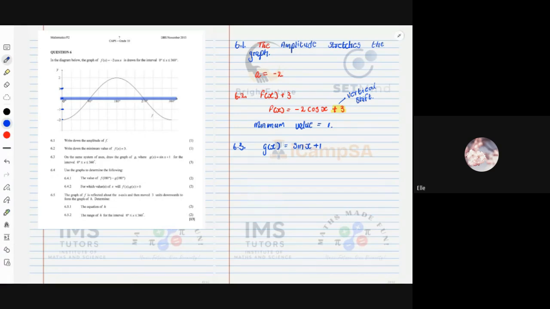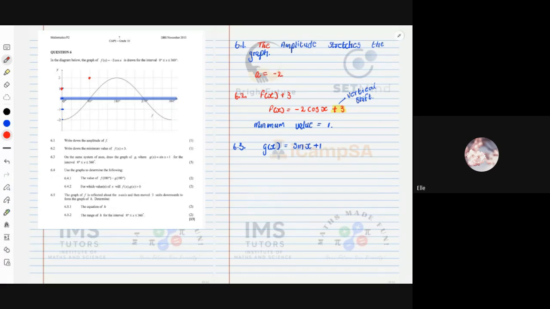Okay, here let me use a red one. That's our first point at 0. Oh wait, I put sine 90. That's a mistake. This one is for 0. At 0, sine plus 1 is 1. Then at 90 it is 2.